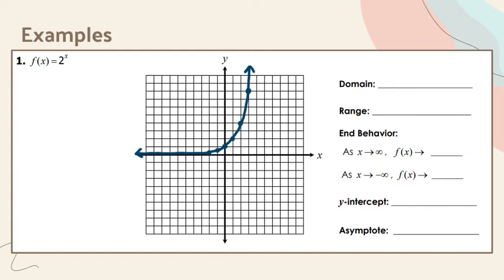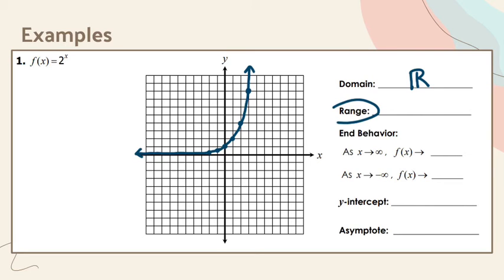Yes, it's going to take a very, very long time to get to x equals 100 way over here, but it will get there eventually. So there is no x value we can't use. So our domain is going to be all real numbers. And you're going to see that it will be all real numbers for every single exponential function that we do. That is just a characteristic of exponential functions.